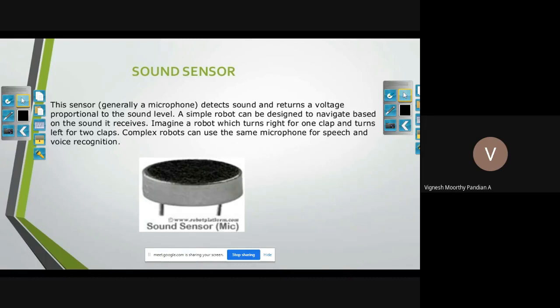Imagine a robot which turns right for one clap and turns left for two claps. So if it hears a single clap, it will move left, and if it hears a double clap, it will move right. Similar to this, it can detect sound and act on it. Complex robots can use the same microphone for speech and voice recognition.